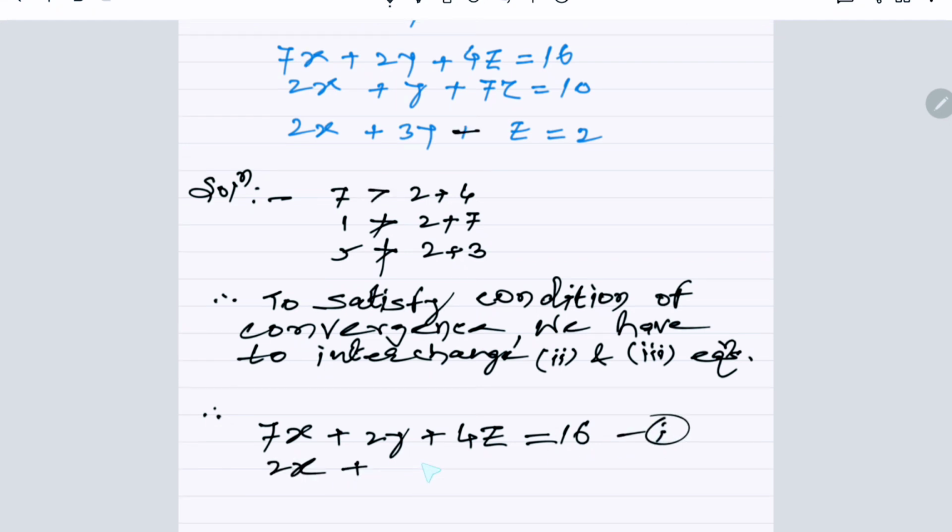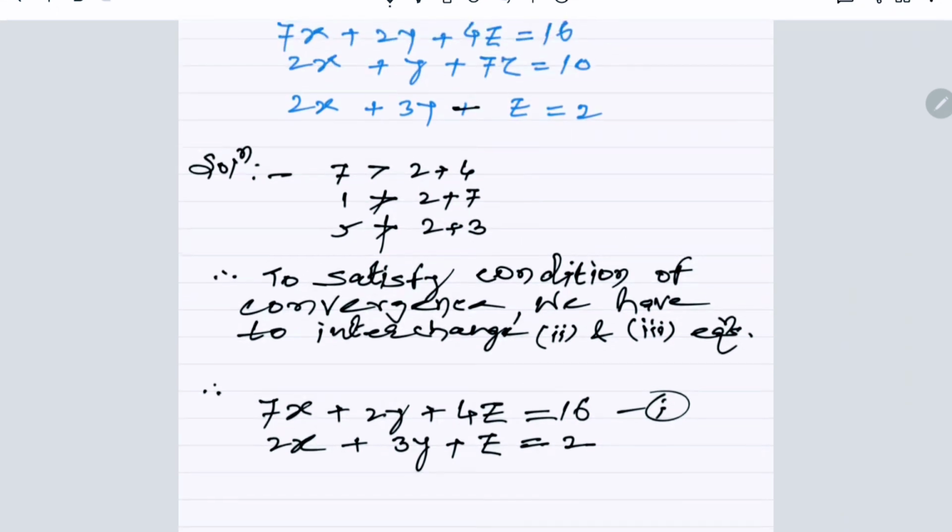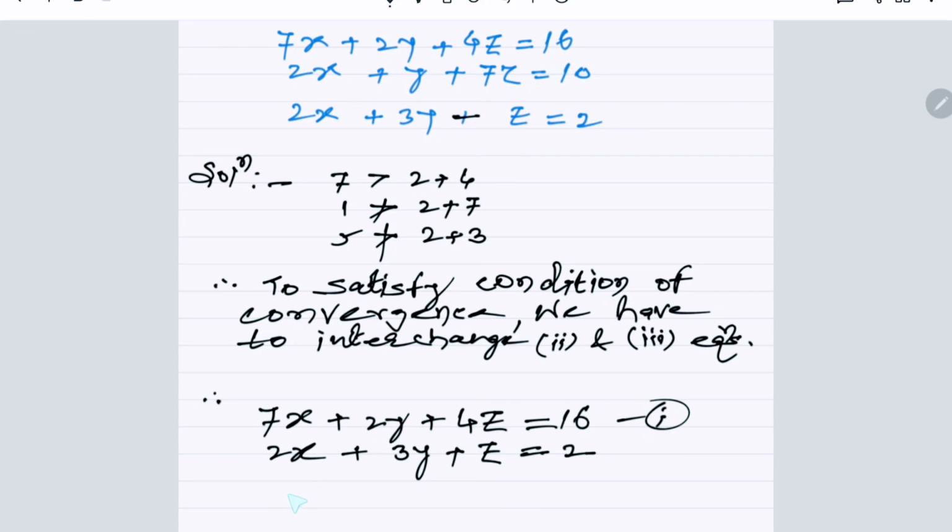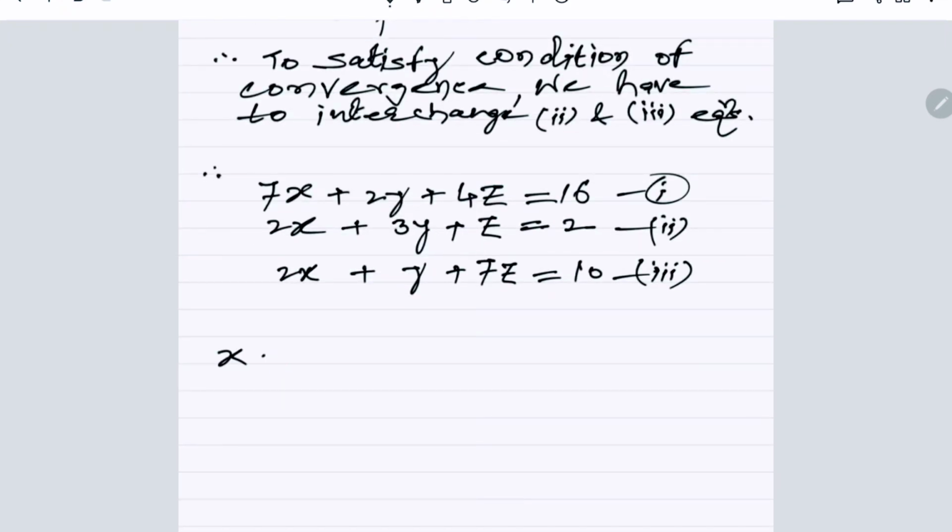Then the next step is we have to solve the equation for the diagonal element, means first for the first diagonal element, second for the second diagonal element, and third for the third diagonal element. Therefore, solving first for x, we get x is equal to 1 by 7 multiplied by 16 minus 2y minus 4z, that is 16 minus 2y minus 4z divided by 7.